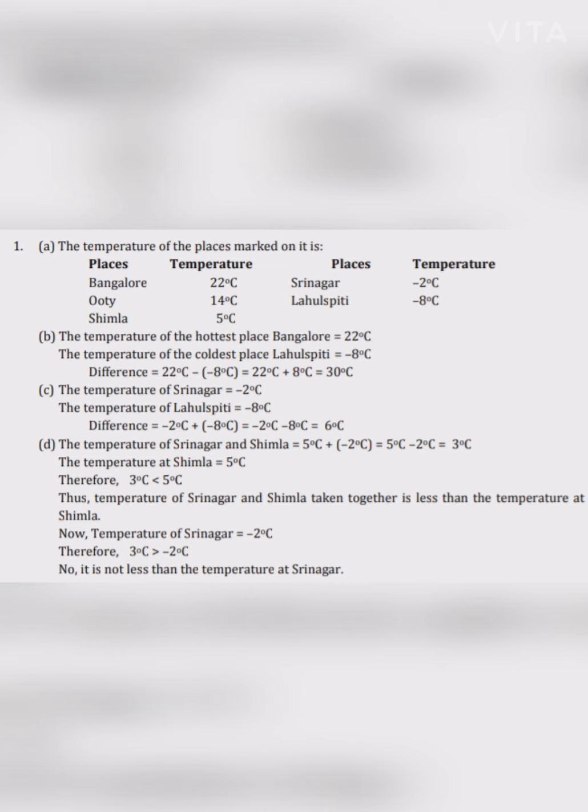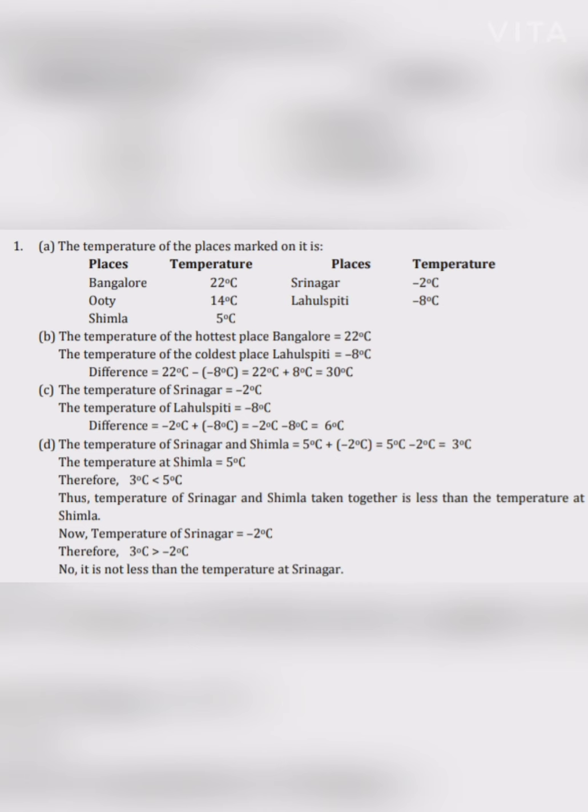So in the first question we made a table, and from that we can find the answer of this question also. From that we have to find the hottest and the coldest place.